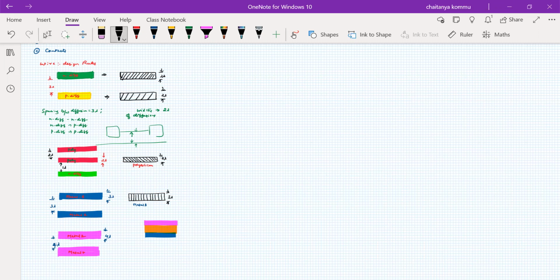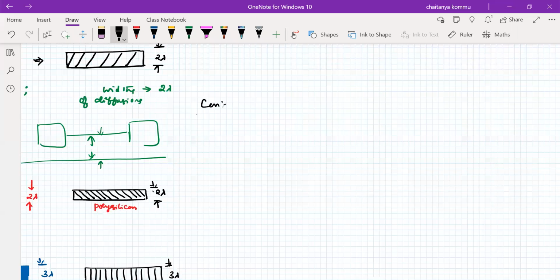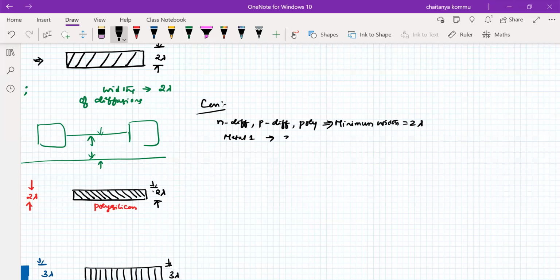So I can conclude at this point: N diffusion, P diffusion, and poly have a minimum width equal to 2 lambda, whereas metal 1 is 3 lambda, whereas metal 2 is 4 lambda. So this is for widths.